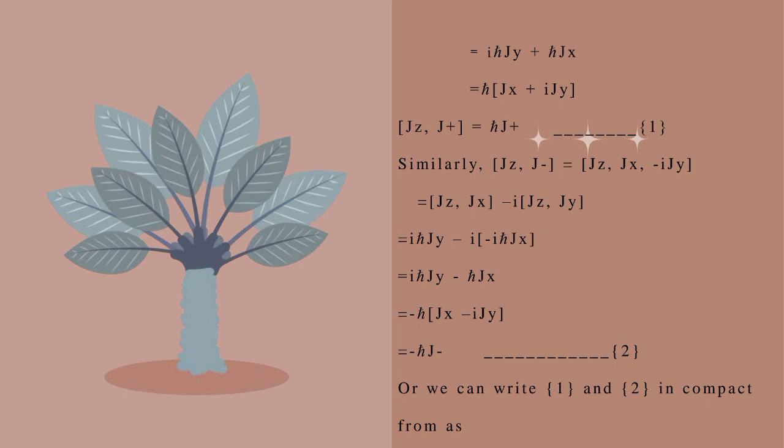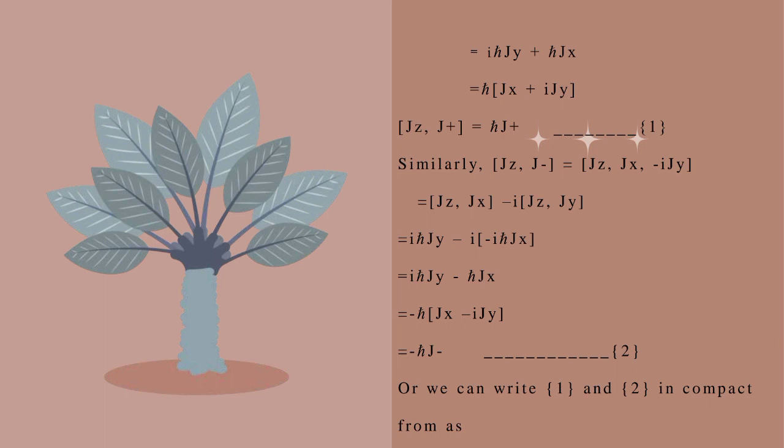Similarly we can relate that [Jz, J minus] is equal to [Jz, Jx minus iJy]. Here we can substitute the values the same way, and finally we can separate the terms with i and without i. Then we take out h cross from the equation.